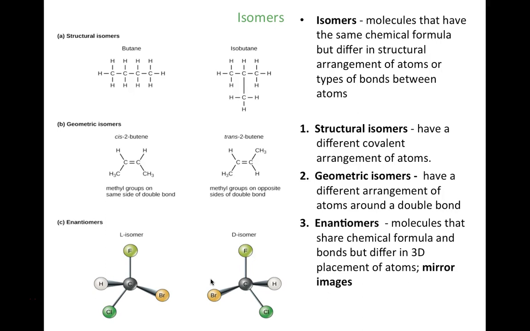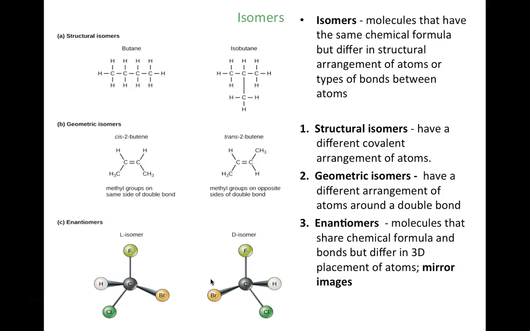The same thing can be true of different isomers. The L isomer on the left and the D isomer on the right, if you were to try to overlap them or see if you could get them to essentially fit into one another, it really wouldn't work when you're using a real three-dimensional model. It seems like when you're looking at it, it should, but if you use Tinker Toys or actual physical models of these molecules, you'll find that it doesn't overlap.